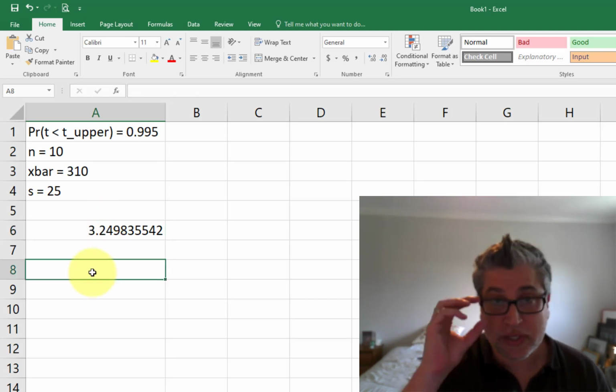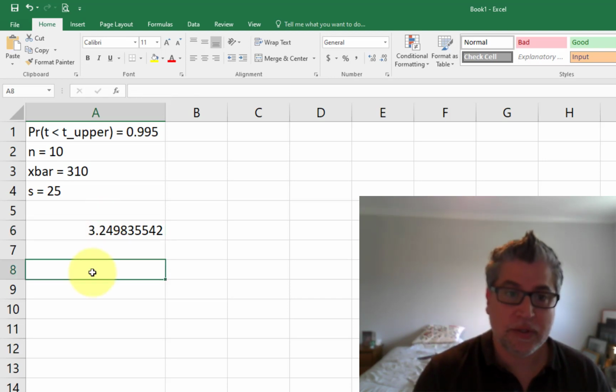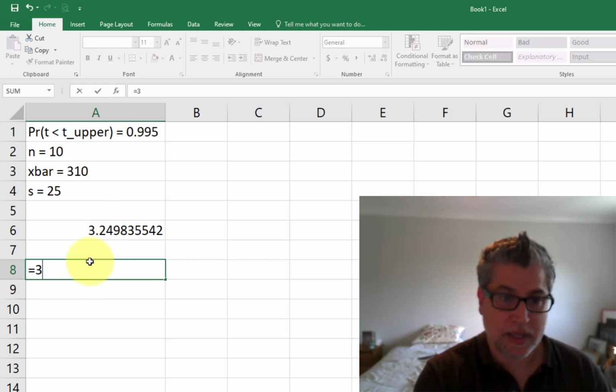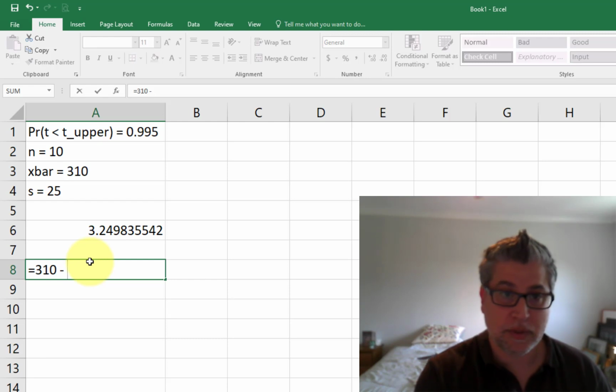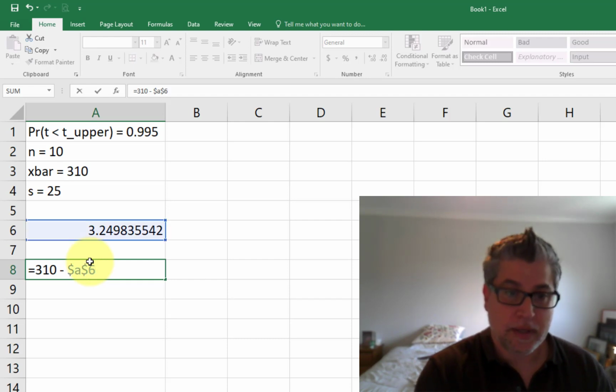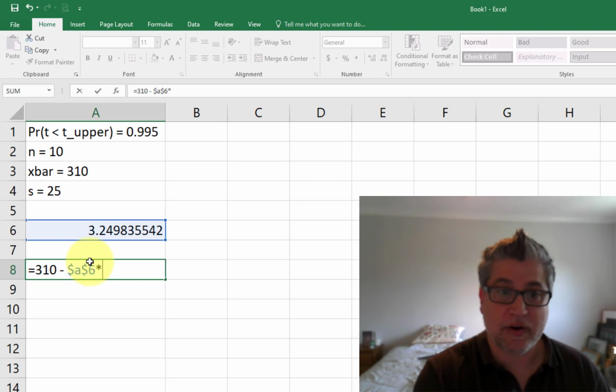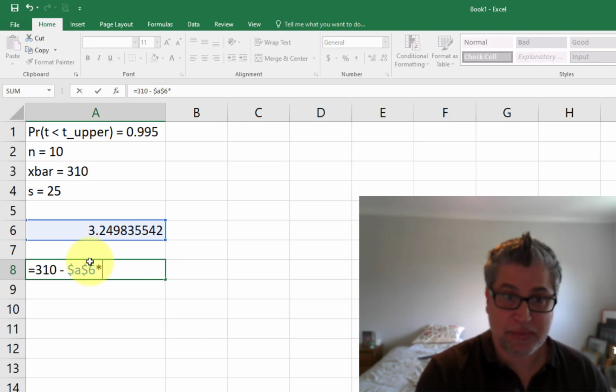So how do we construct a confidence interval around x bar using this multiple? Our confidence interval is x bar, that's 310, minus 3.25 standard errors. So we can just key A6 times the number of standard errors. That standard error is sample standard deviation divided by the square root of n.